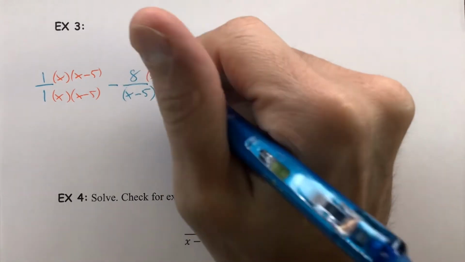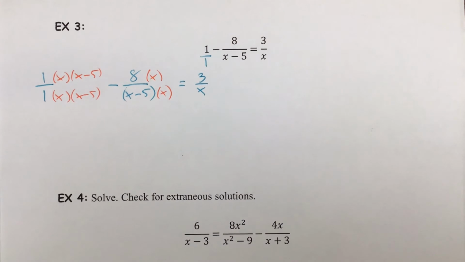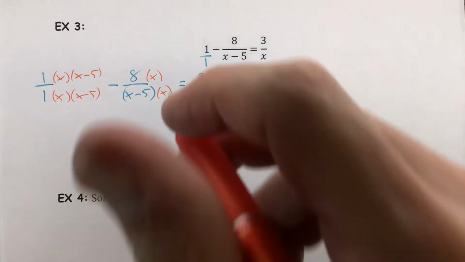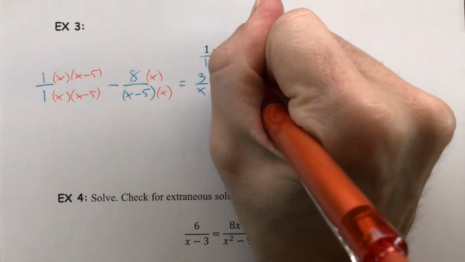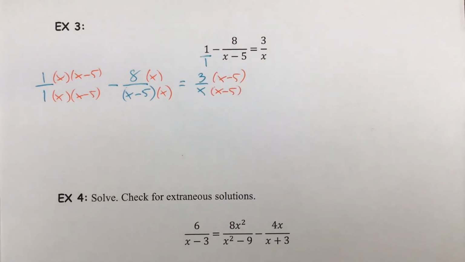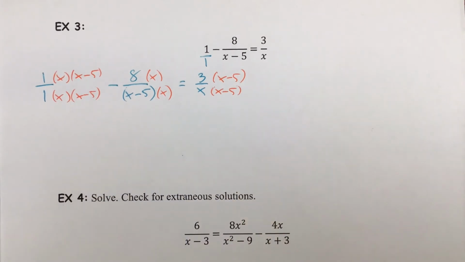The third, we've got 3 over x, so it needs to get the x minus 5. Now remember, we set this up so we have a common denominator. For the rest of the problem, that doesn't really matter.